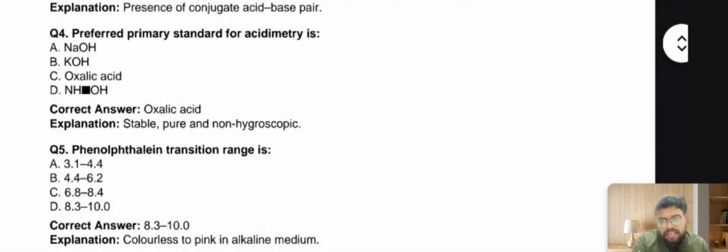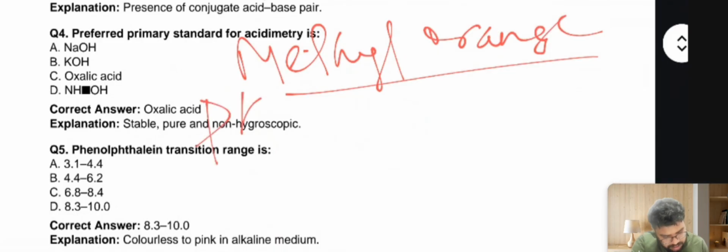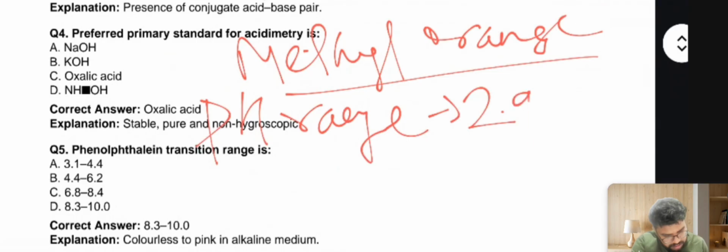The phenolphthalein indicator in alkaline medium changes from colorless to pinkish. Let's discuss some indicator pH ranges. First one is ethyl orange, pH range 2.9 to 4.6.